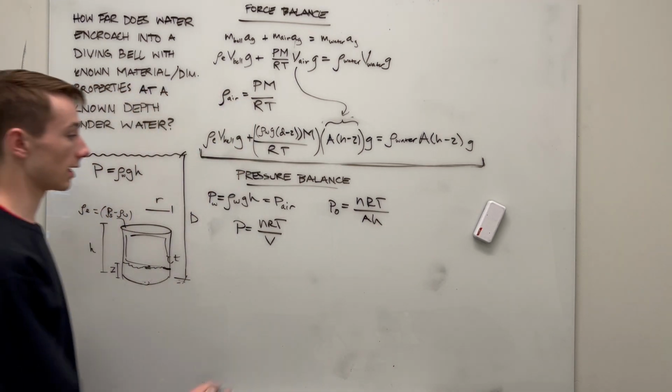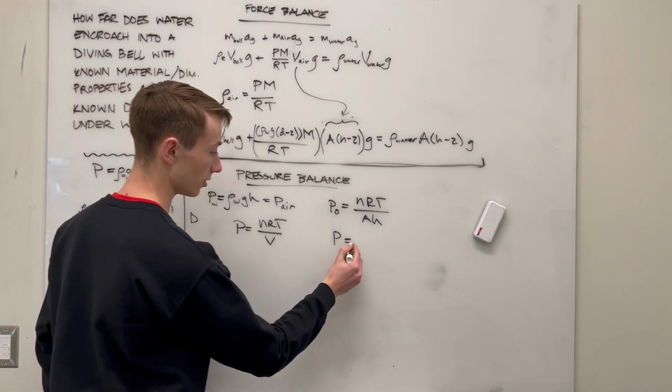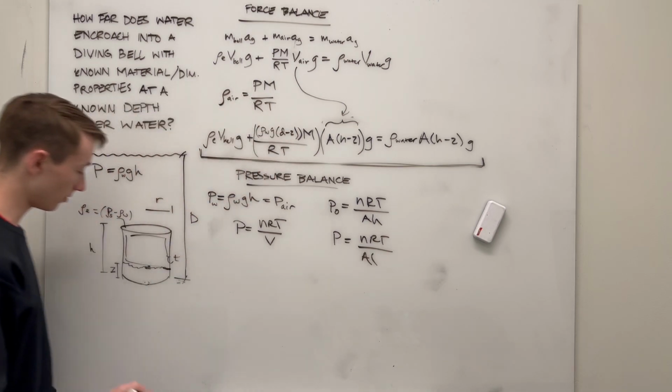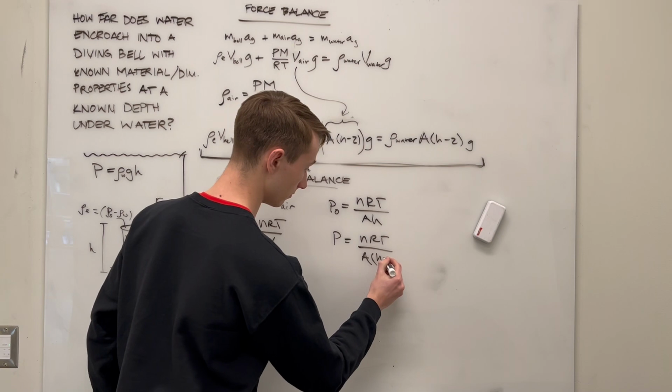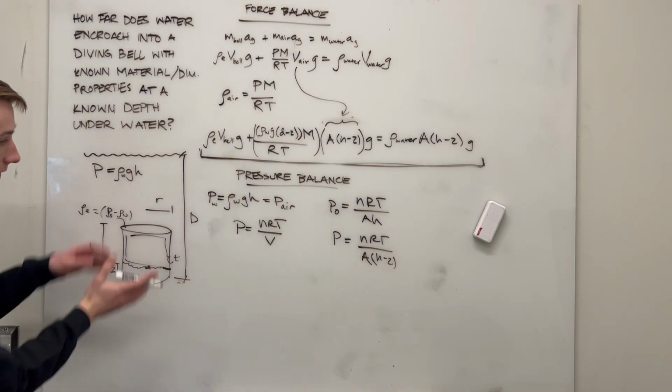But in the final state, which is where we're at now, the pressure equals nRT over the cross-sectional area times the new height, which is H minus Z. Right, it's been compressed. It's a smaller cylinder of air inside there.